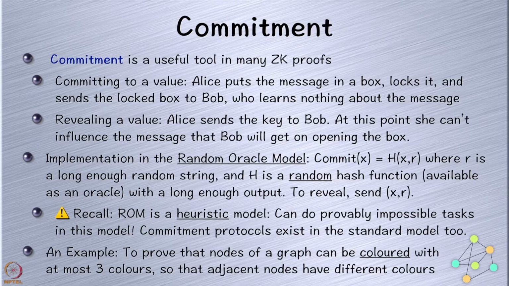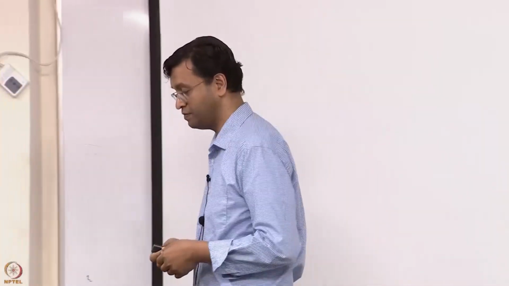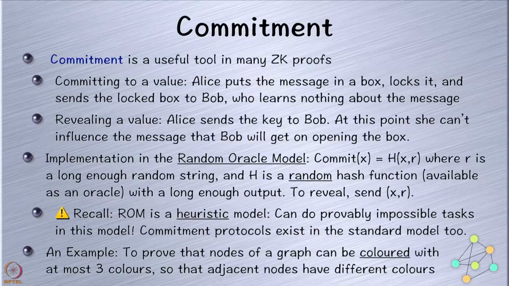So the kind of claim that Alice is now trying to prove is that there's a graph that Alice and Bob know, and Alice knows how to color this graph using 3 colors. What does it mean to color the graph? You have to assign a color to every node, one of these 3 colors, such that in every edge, the 2 endpoints have different colors.